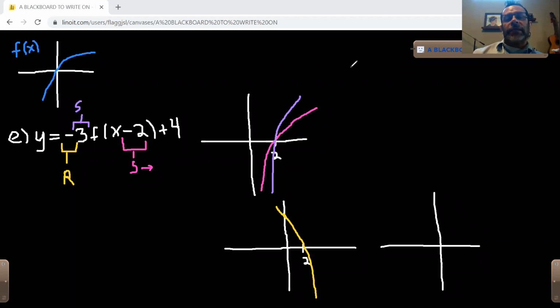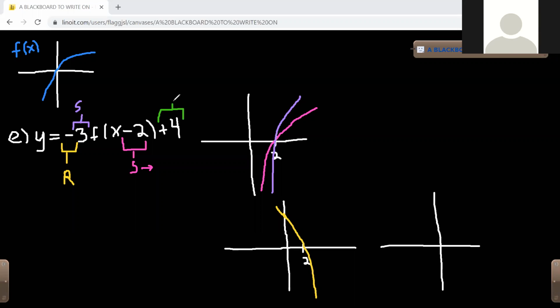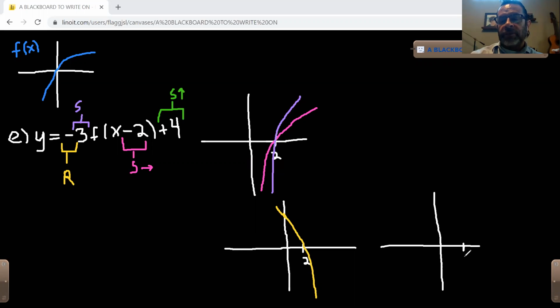And lastly, we have a plus 4 here. What is this plus 4 going to generate? A shift up, and that's going to be 4 units. So now we're going to have a new reference point here at 2, and a 4 over here because it's 4 units up.